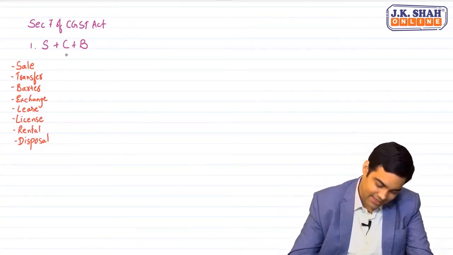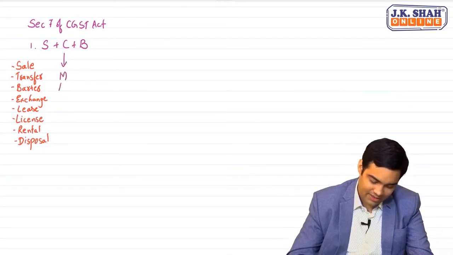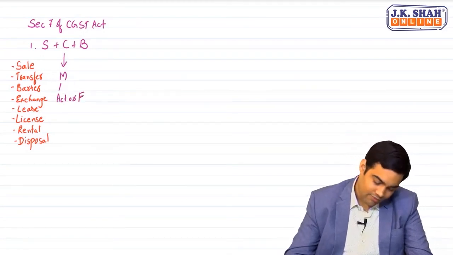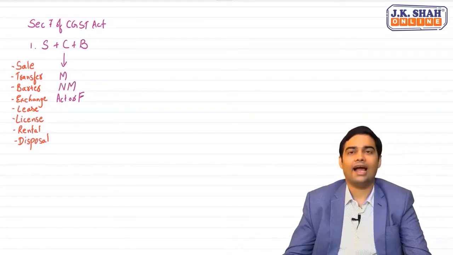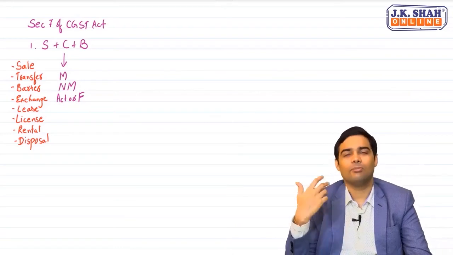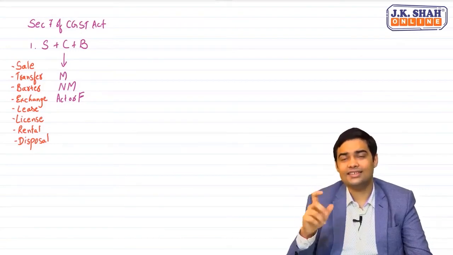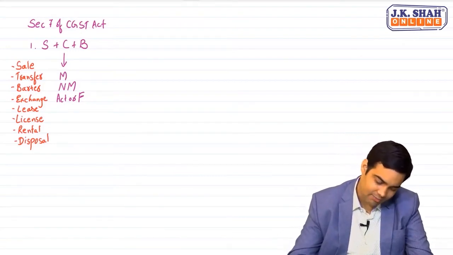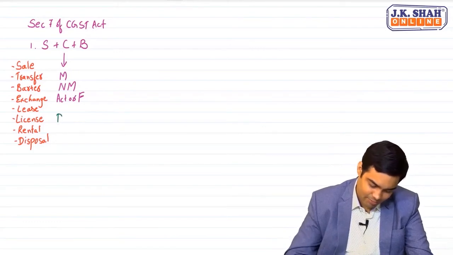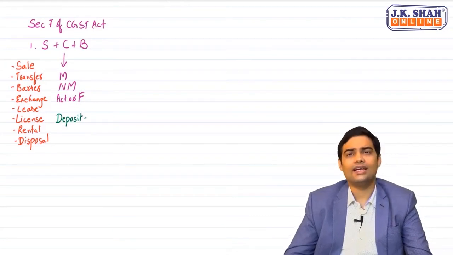Consideration can be monetary, can be non-monetary, or it can also be an act or forbearance. Now, when we talk about act or forbearance, agreeing to do something is an act. Forbearance is agreeing not to do something. With this, you should also understand one important aspect, that if there is a deposit which is given, that is not for a supply, it's a security for taking that supply.